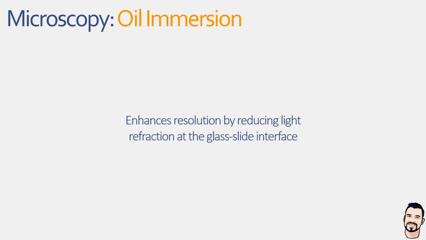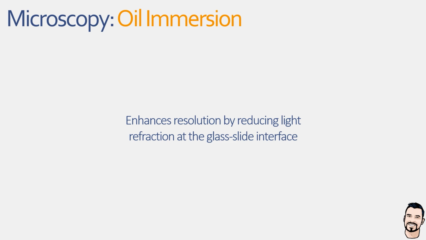Well, this technique involves placing a drop of oil between the sample and the 100 times oil immersion objective lens. The oil allows the lens to get closer to the specimen whilst minimizing the loss of light and limiting distortion. Now, for oil immersion to be effective, the oil must have a refractive index that matches both the glass slide and the glass lens.